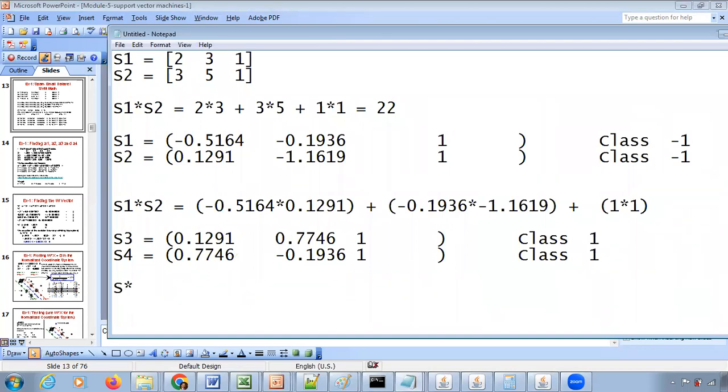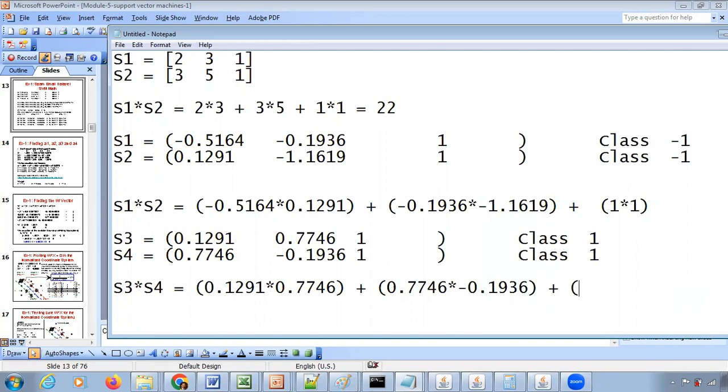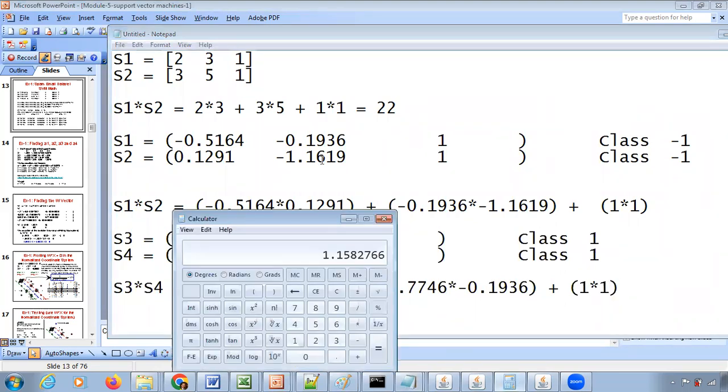So S3 times S4 is going to be 0.129. You don't have to write all these steps, just for understanding. You don't need to write any steps for the dot product thing, just do the calculator quickly. This is just for understanding. I'm writing all this. That's 1 times 1. So we can just take up a calculator and just use the two vectors and do the multiplication.